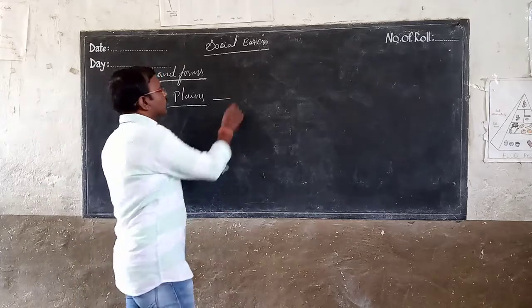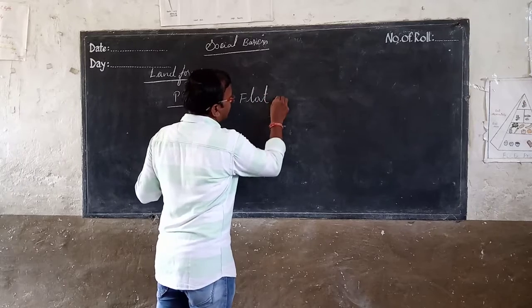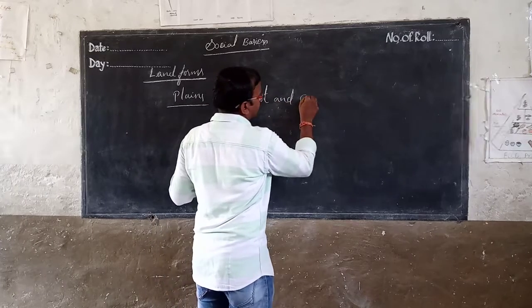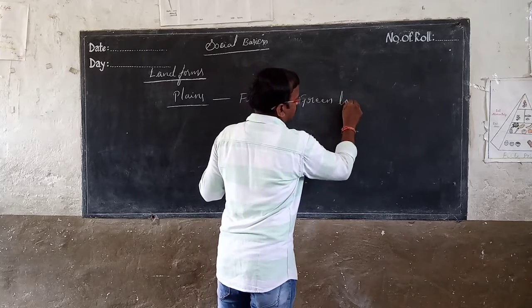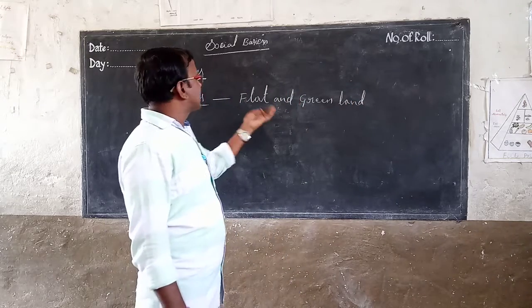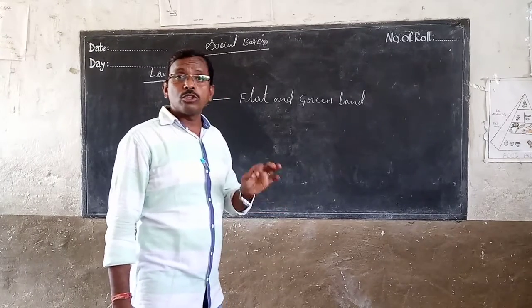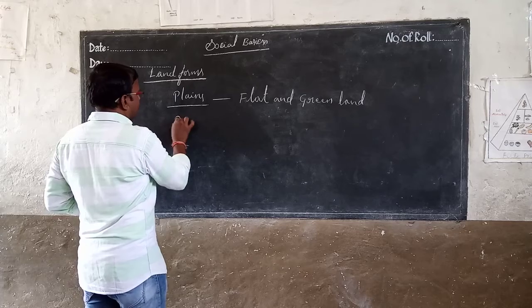We can say flat and green land, which means fertile land. Fertile land is used for agriculture. Okay, next, plateaus.